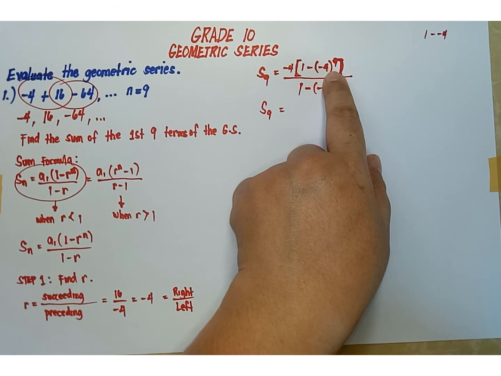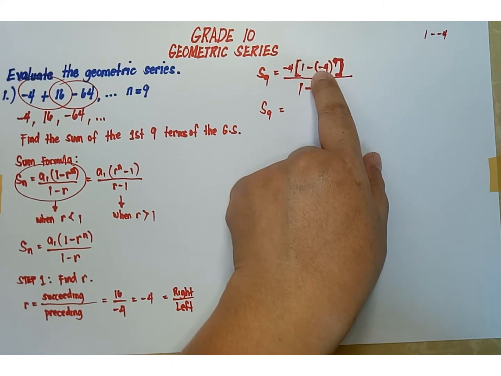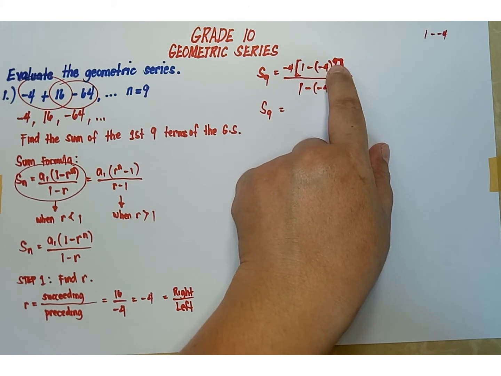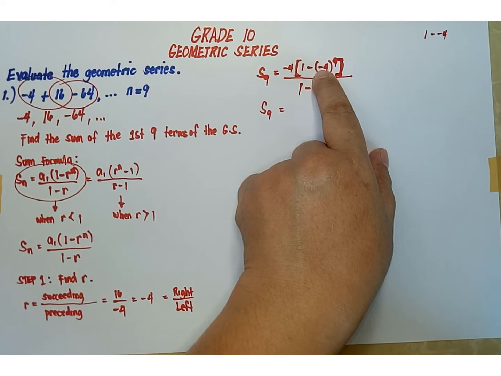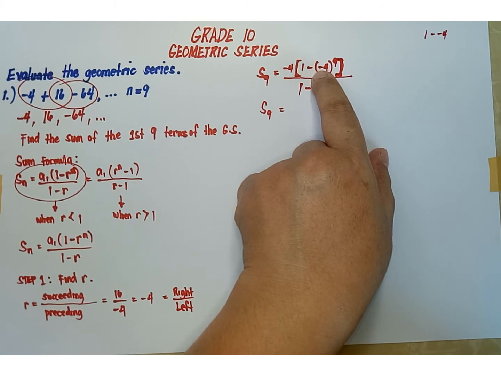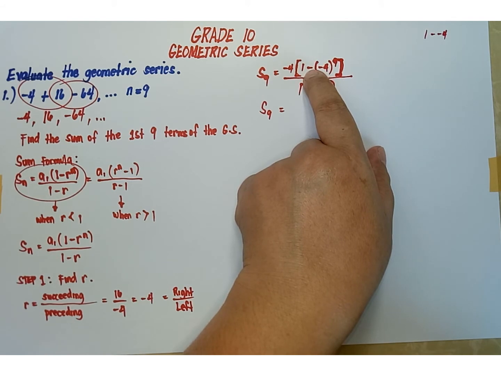Paano gagawin yon? Magbibilang ka ng mga negative. Tatandaan na kapag ang negative na isamang i-enclose sa parenthesis tapos raised to a power, ang bilang ng negative mo is the same as the power. So, negative raised to 9 indicates that you have 9 negative signs. Tapos may katabi pa siyang negative dito.